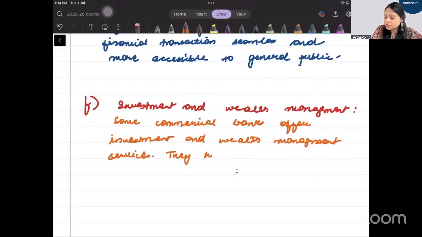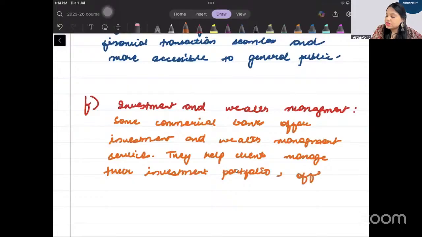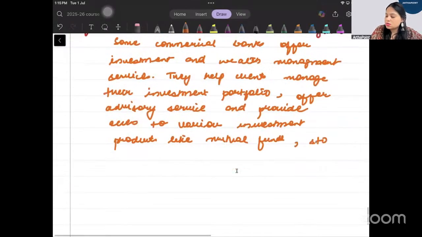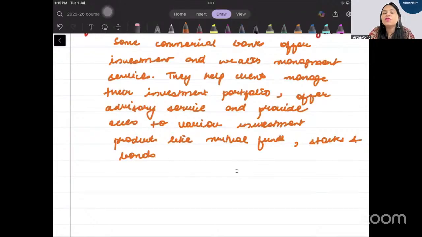They help clients manage their investment portfolio, offer advisory service, and provide access to various investment products like mutual funds, stocks, and bonds.